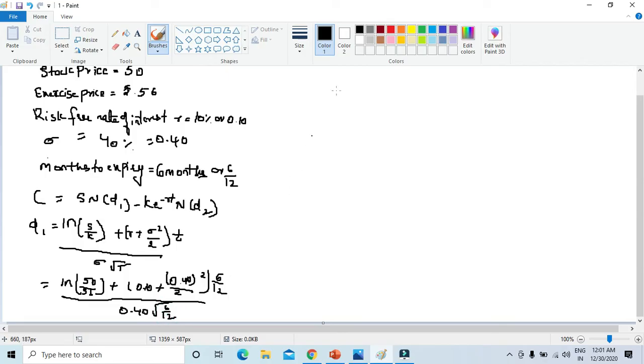If you do this calculation, the ln of 50 by 56 comes to minus 0.1133, plus 0.10, plus 0.5 into 0.16 into 0.5. 0.5 is nothing but 6 by 12.